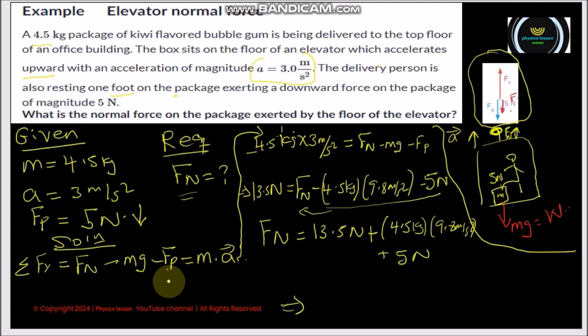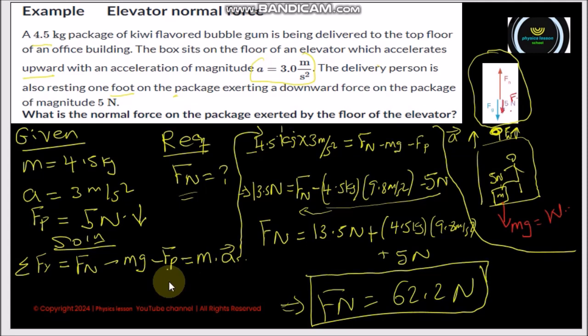This implies the normal force is equal to around 62.2 Newton. You can use your calculator, no problem. It gives you this. If you have a question about this example, again, please send me.